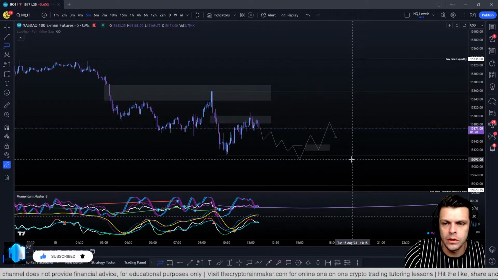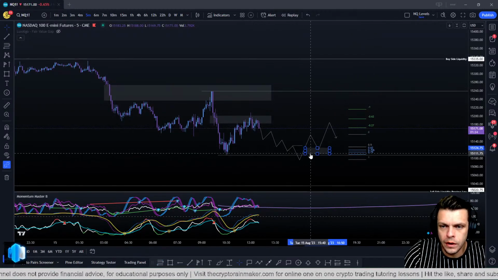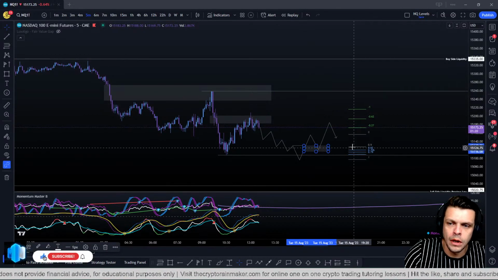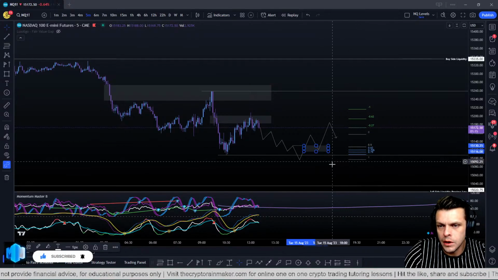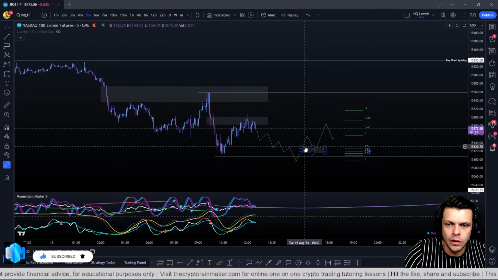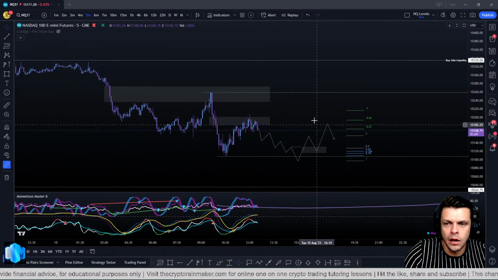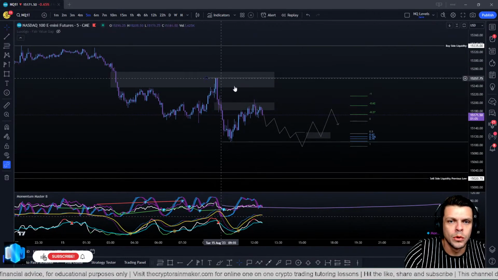And then what I do is I take my fib tool, and if the fair value gap is in the discount area below the equilibrium, the 0.5 on your Fibonacci tool, then I'll just enter on the fair value gap with my stop loss right there, and then I will ride the trade out to the next two liquidity pools.